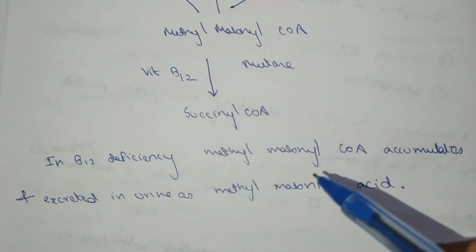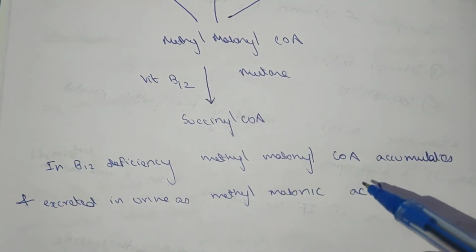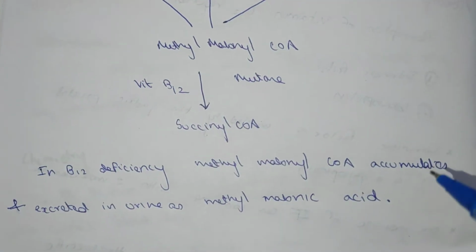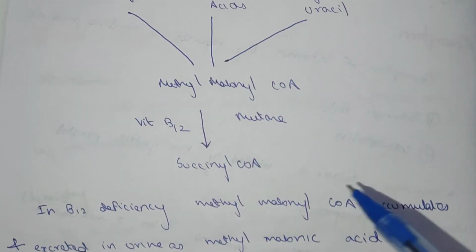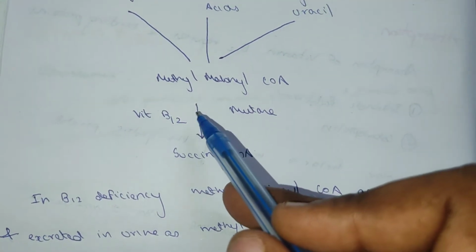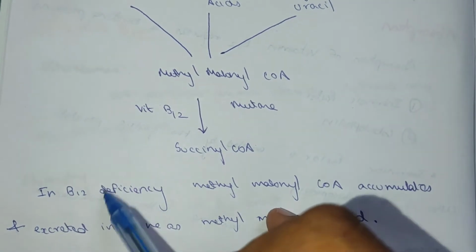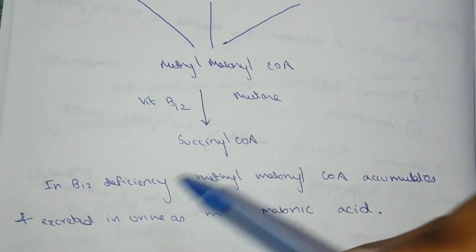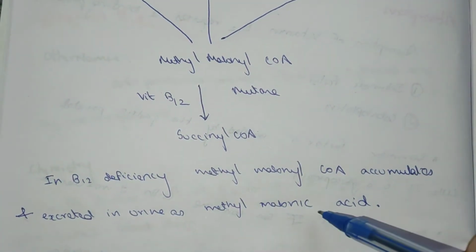When there is a deficiency of vitamin B12, the methylmalonyl CoA accumulates and is excreted in urine as methylmalonic acid.